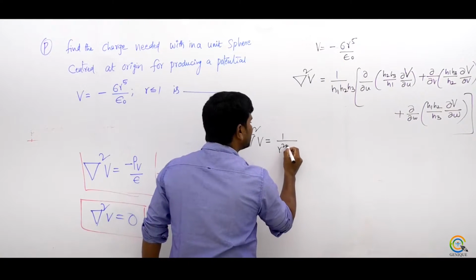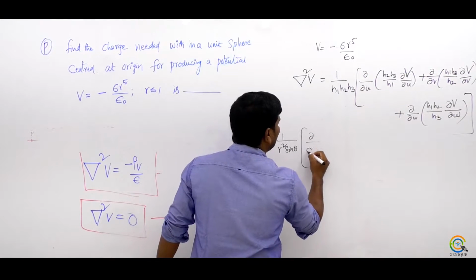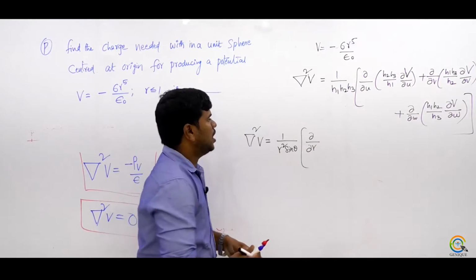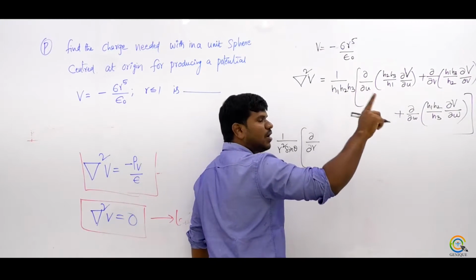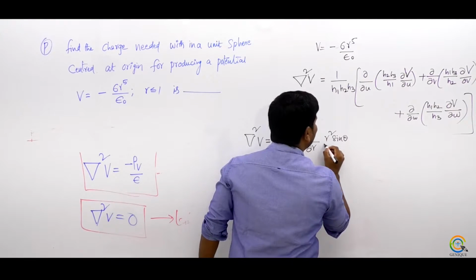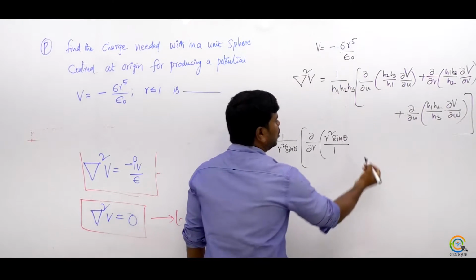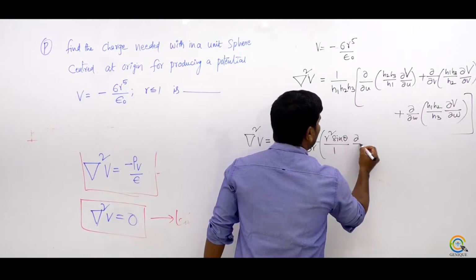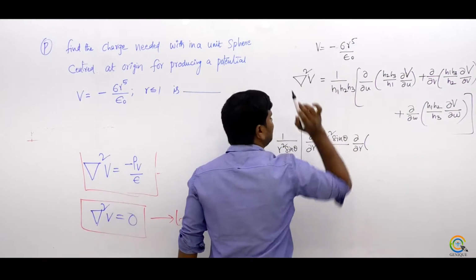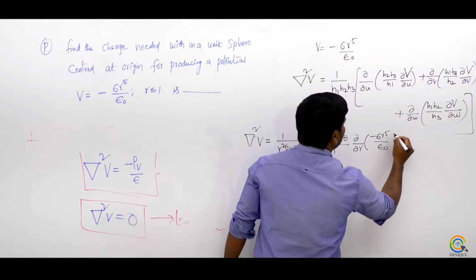In spherical coordinates, that is r square sin theta divided by, dou by dou r of h2 h3. h2 h3 is r sin theta, so r square sin theta divided by h1, which is 1, dou by dou r of dou v by dou r. What is v? V is this function, so minus 6 r power 5 divided by epsilon naught.